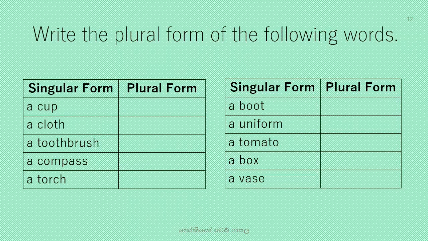So this is the activity which is given in the Pupil's Book. You are given 10 singular form countable nouns and you are asked to write the plural form of the following words.